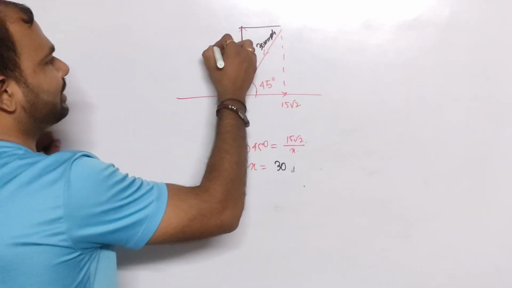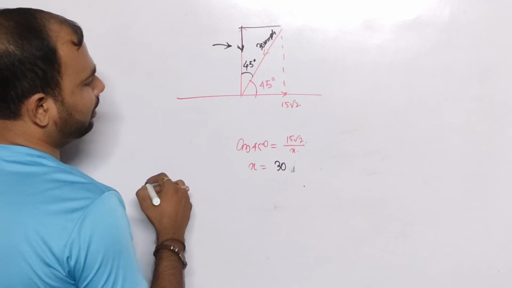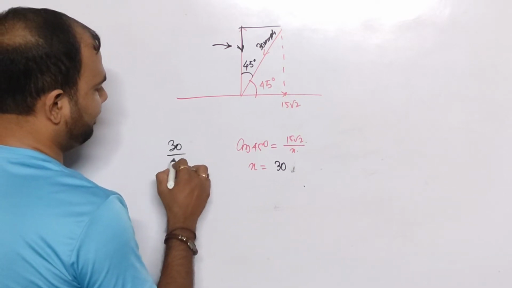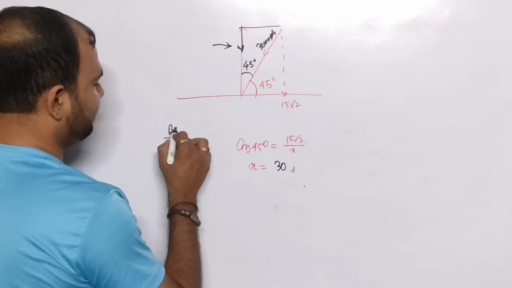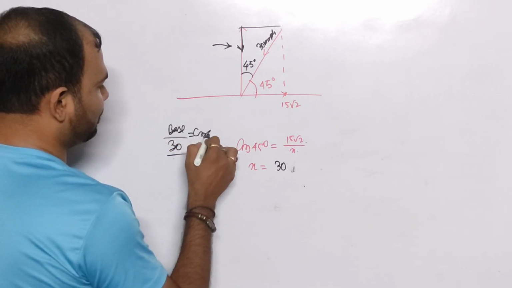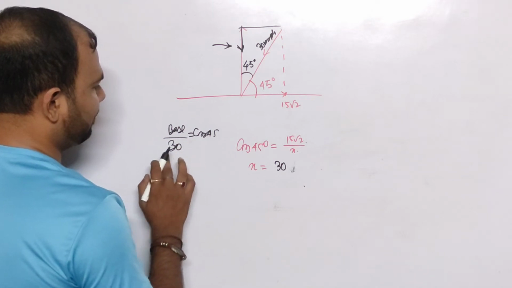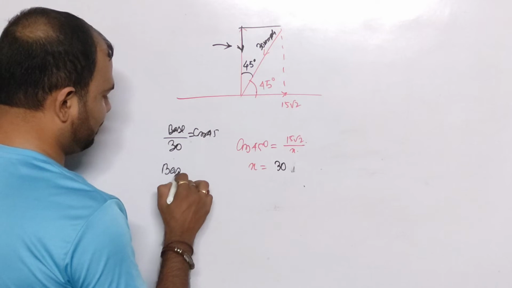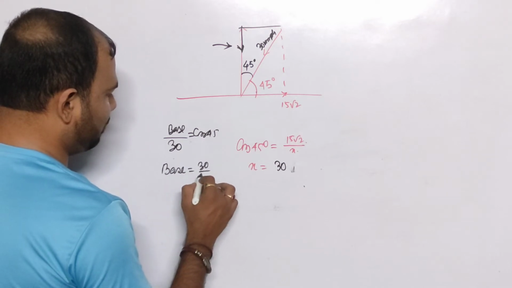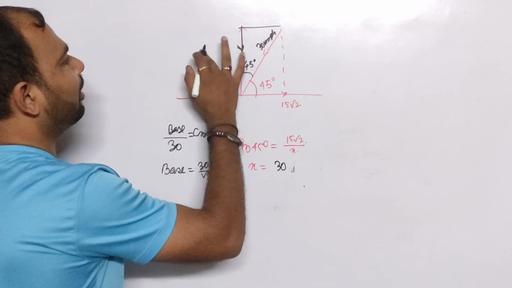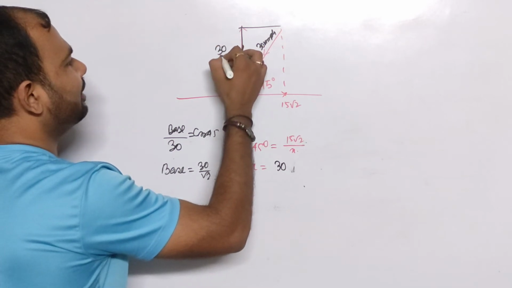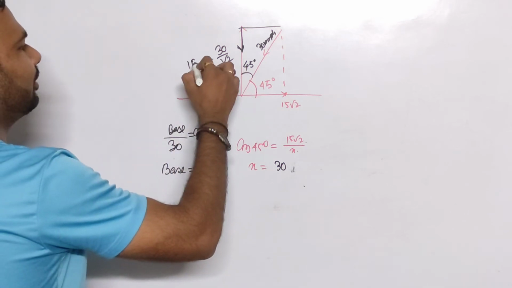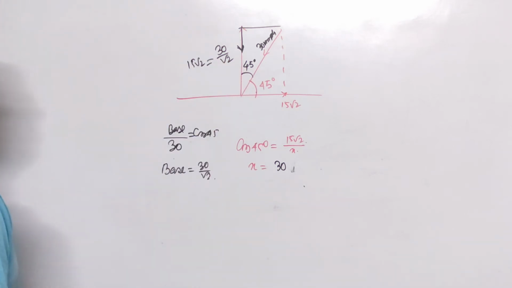So to find this velocity, 30 by hypotenuse, base equal to cos 45, that will be 30 by √2. Base equal to 30 by √2. The velocity will be 30 by √2 or 15√2. 15√2 will be the velocity.